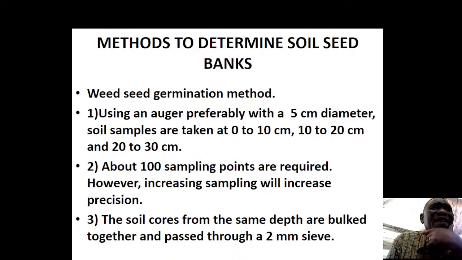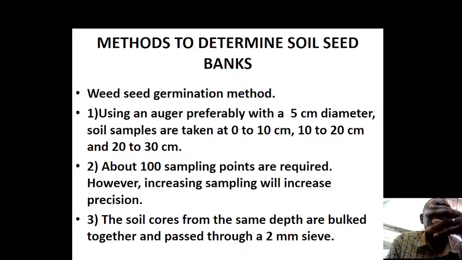which could be 5 centimeters in diameter, and take soil portions from 0 to 10, and put them in a bag. Take another 10 to 20, put in a separate bag. 20 to 30 in another separate bag.